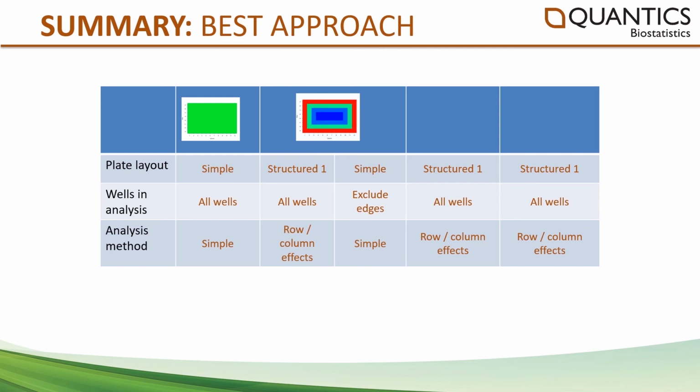So those two approaches gave us very similar answers. For the smooth background, there was a clear benefit of using the structured one approach, all the wells in the analysis and adjusting for row and column effects, and the same thing was seen for the diagonal background.